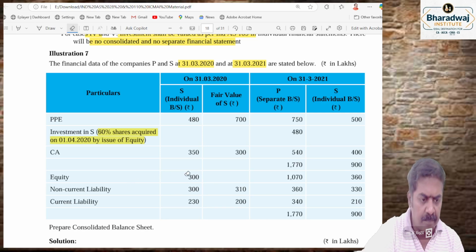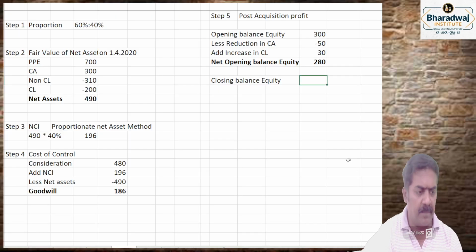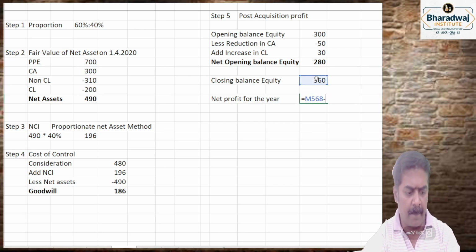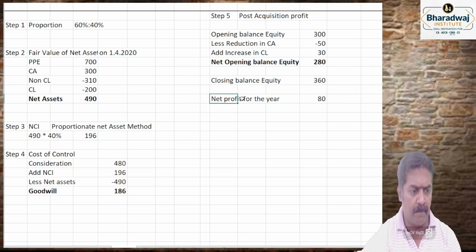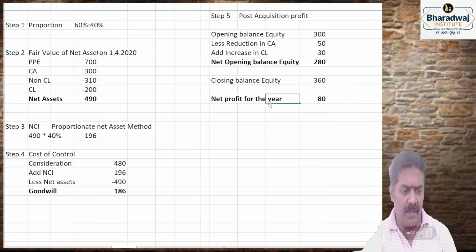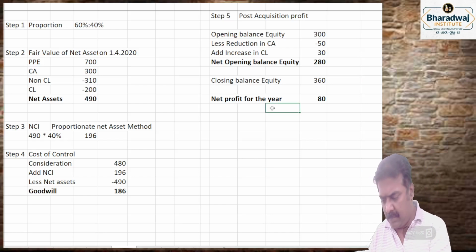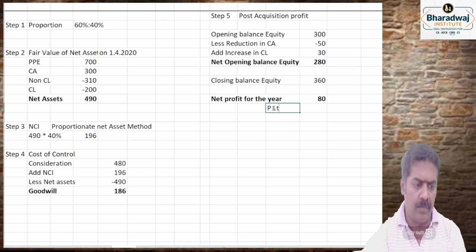Subsidiary company, 360. So the difference is nothing but net profit for the year. This becomes post acquisition profit. So split this between which companies? The holding company, P Limited, and which one?